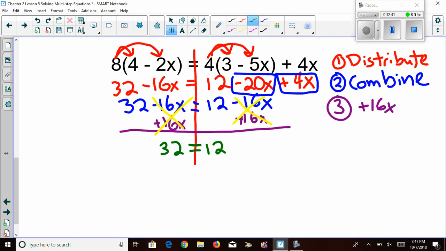Now, that should sound strange. 32 equals 12. Well, we know that 32 does not, in fact, equal 12. So this is an answer where we get the null set or no solution.